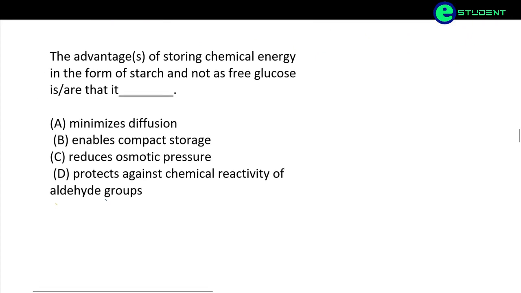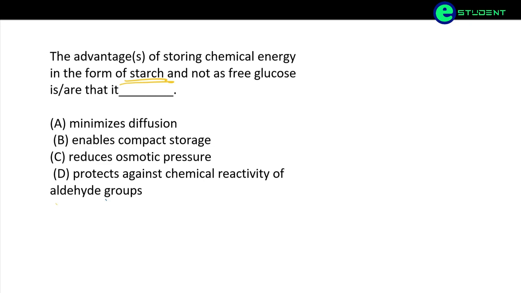The advantage of storing chemical energy in the form of starch and not as free glucose is that it... Okay, so we know that starch is present in the plants. So plants store the energy of glucose molecules in the form of starch.